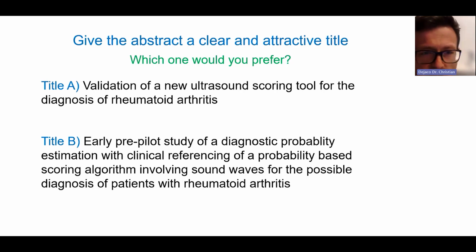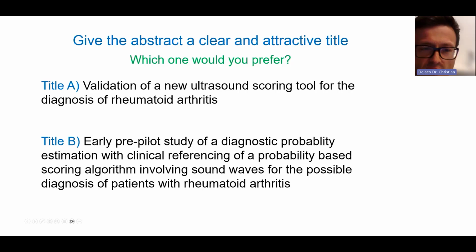When you say very clearly, 'Validation of a new ultrasound scoring system for the diagnosis of rheumatoid arthritis,' that already generates a bit of interest. But when you make it very complex and long and difficult to understand, with a lot of vagueness already within the title, it gives a bad impression to the reviewer.